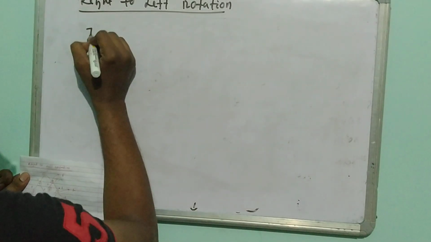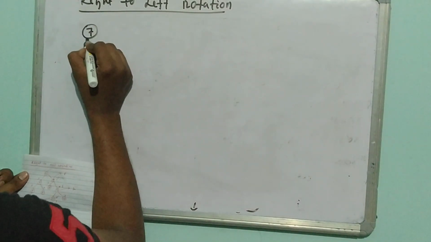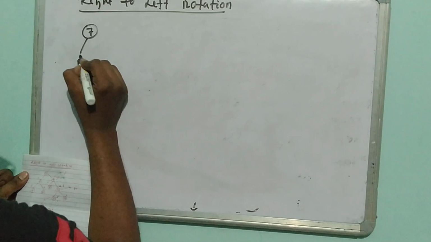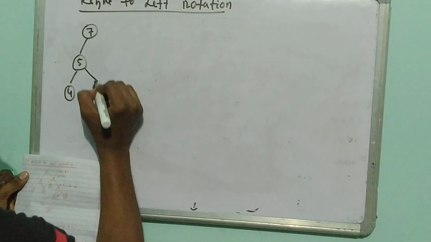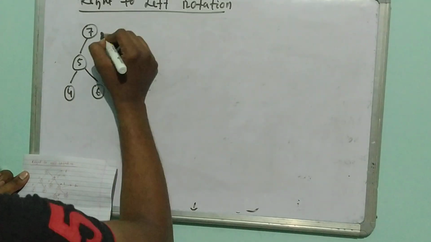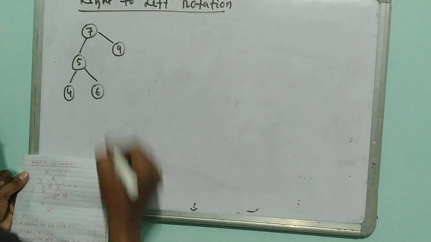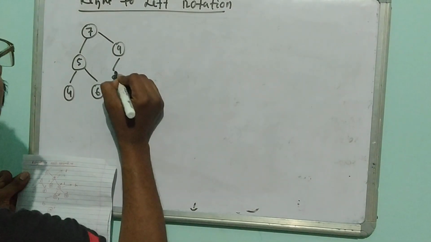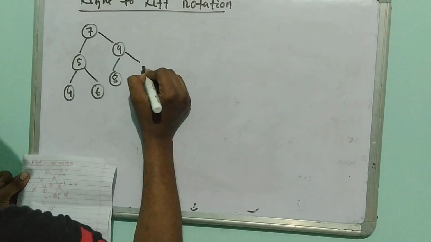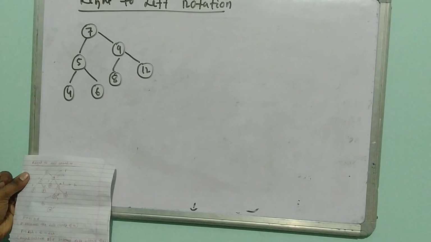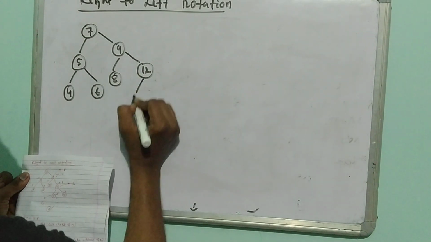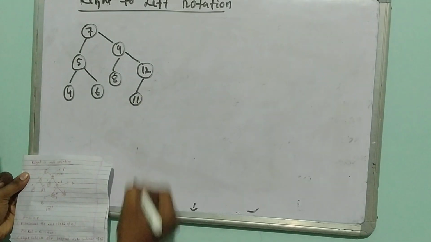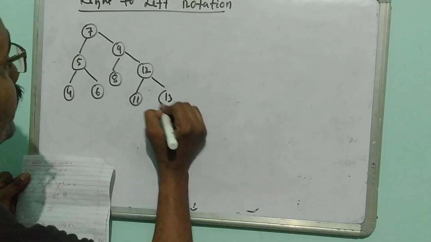So we are having 7, there is a binary subtree 5, 4, 6, obviously 9, 8, make it 12, here having 11, here having 13.